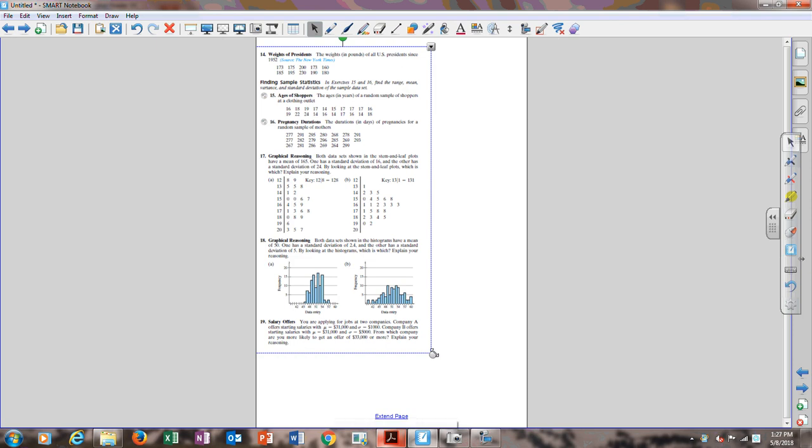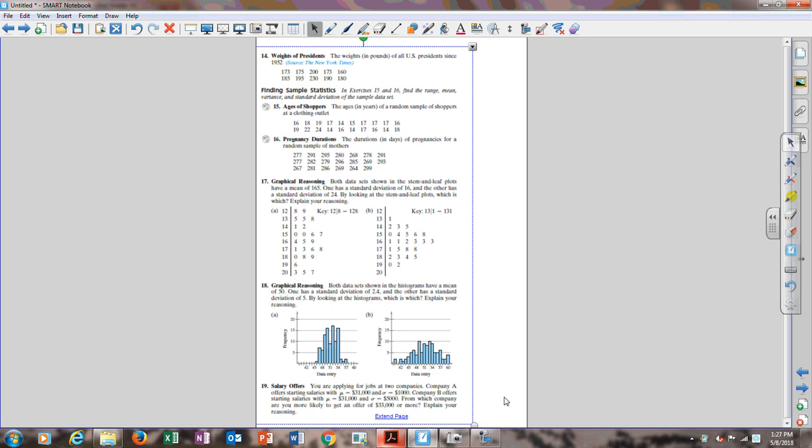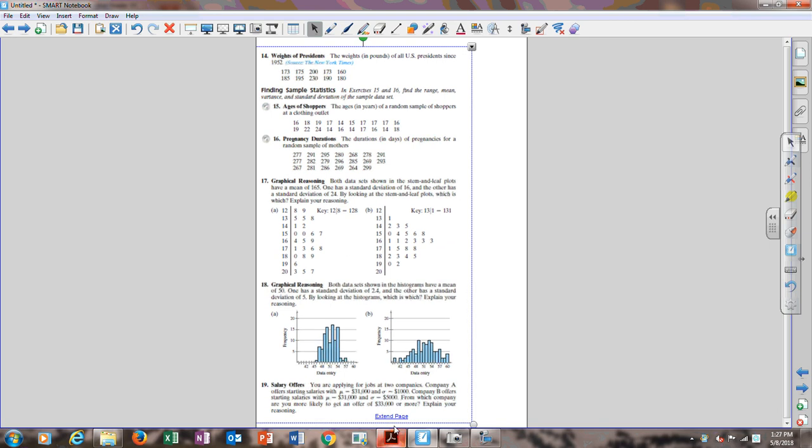You are applying, I can't even read that now. For jobs at two companies, Company A offers starting salaries with mu equal to 31,000 and sigma equal to 1,000. Company B offers starting salaries with mu equal to 31,000 and sigma equal to 5,000.